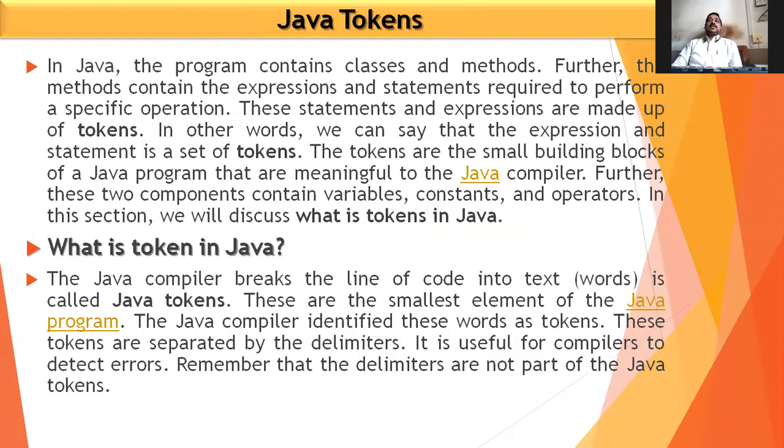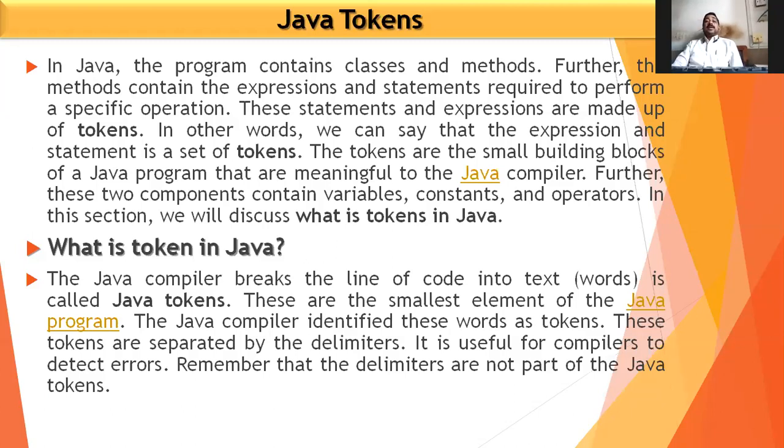These Java tokens are used in expression statements. They are a set of tokens used as a line of code in text. So the smallest element of a Java program is a Java token.